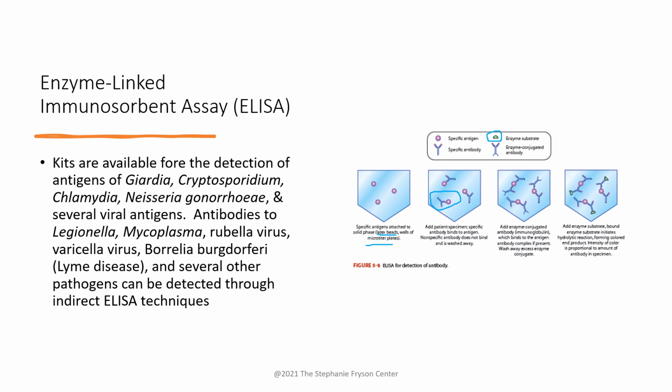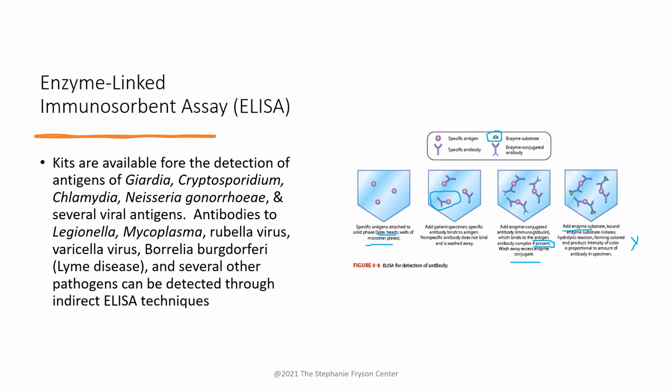When you add the enzyme conjugate, the antibody is going to bind to the antigen-antibody complex if it is present. It may not be present if it was washed away. The excess enzyme conjugate is washed away. Because you added an enzyme conjugate, when you now add the enzyme substrate, the bound enzyme hydrolytically breaks down the substrate, and then you get a colored end product.